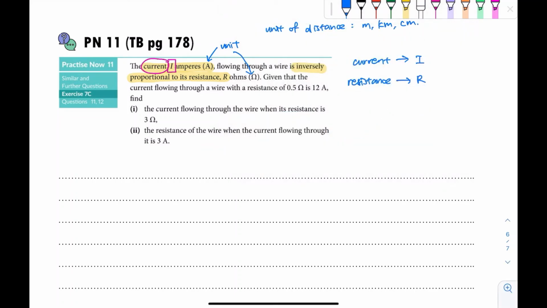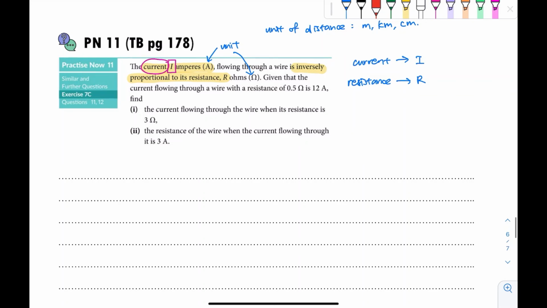Then, continuing with the question, it says that given that the current flowing through a wire with a resistance of 0.5 ohms is 12 amperes, so 0.5 ohms is your resistance R, 12 amperes is your current I. We want to find the current flowing through the wire when its resistance is 3 ohms.